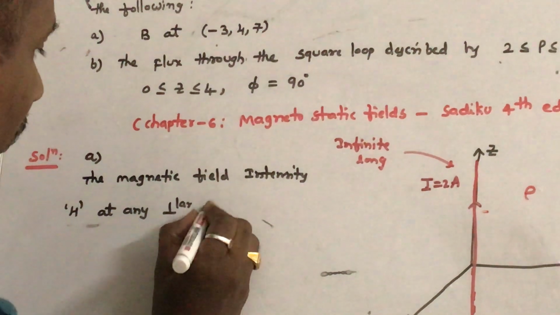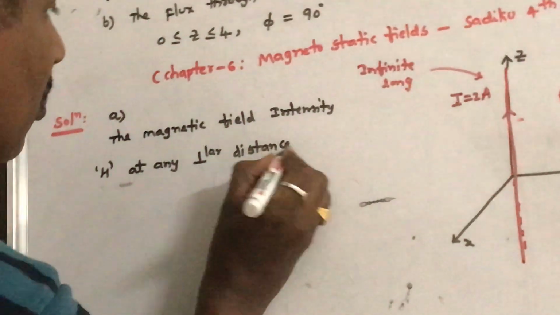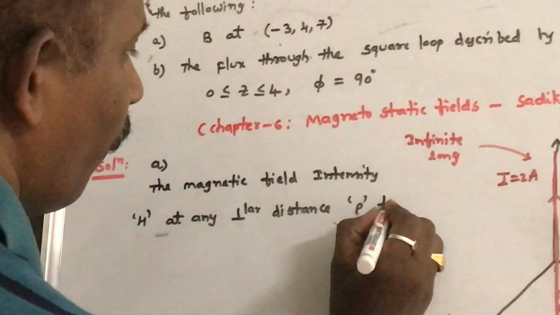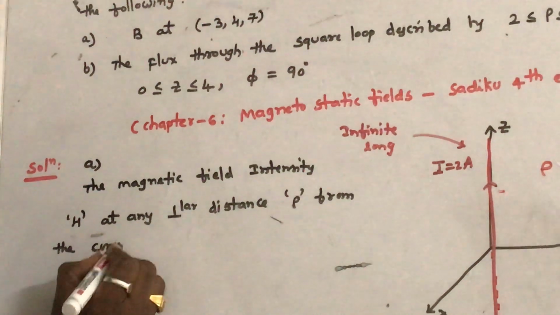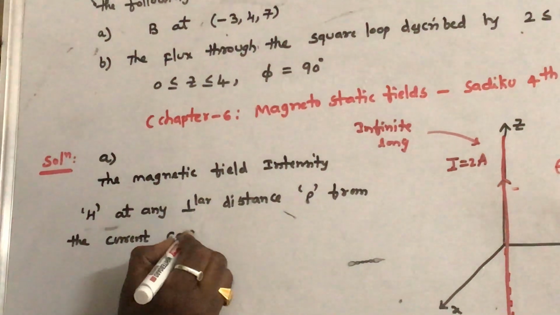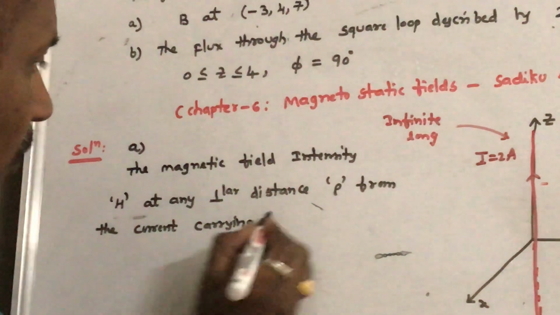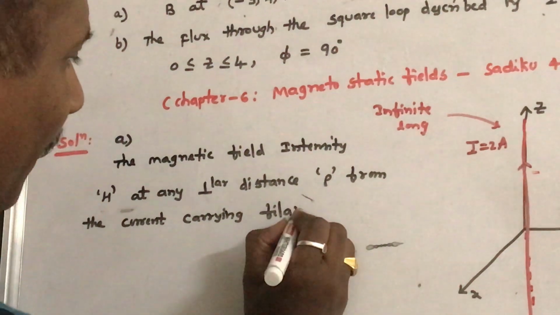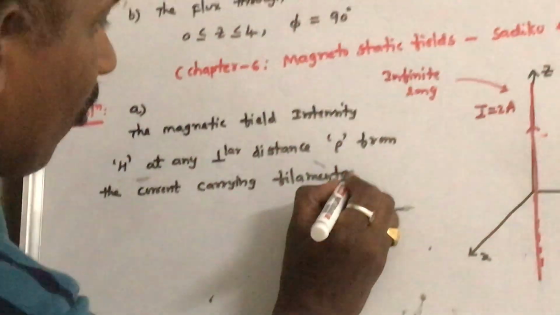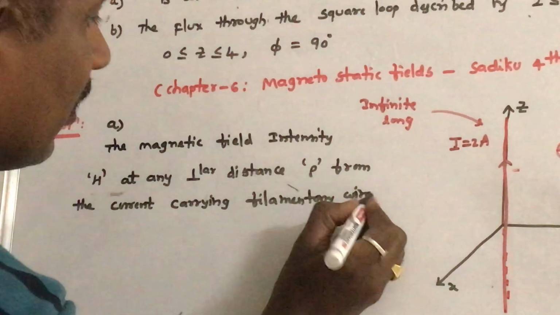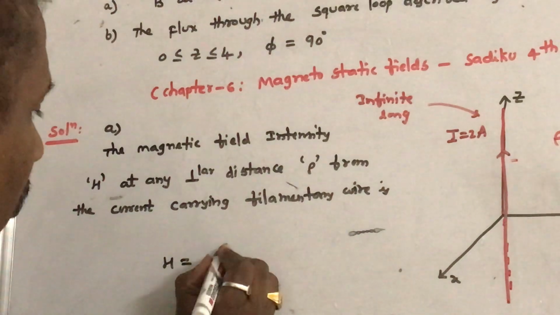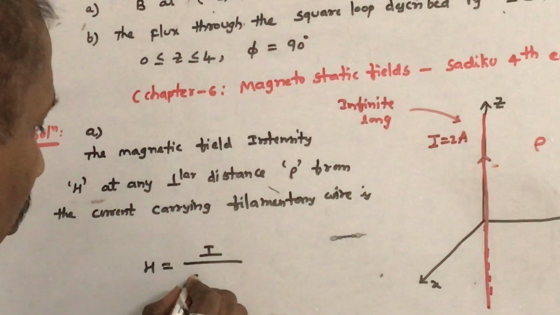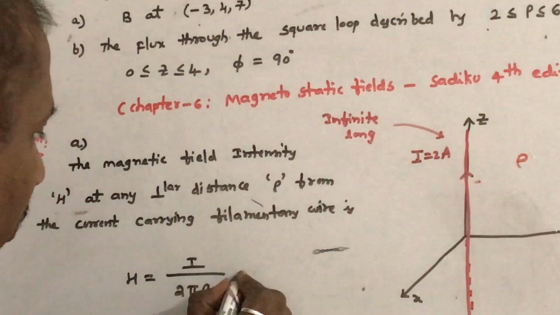at any perpendicular distance rho from the current carrying filamentary wire is, we use a very simple formula, H equals I divided by 2 pi rho into a phi.